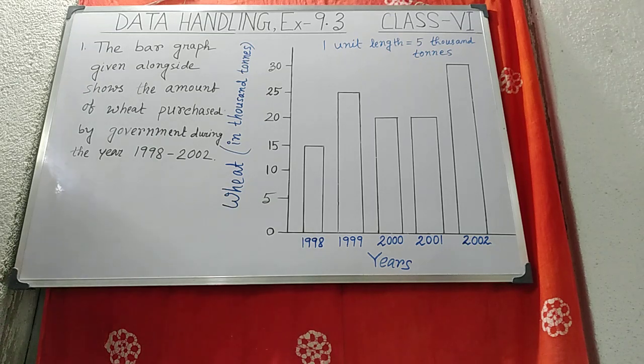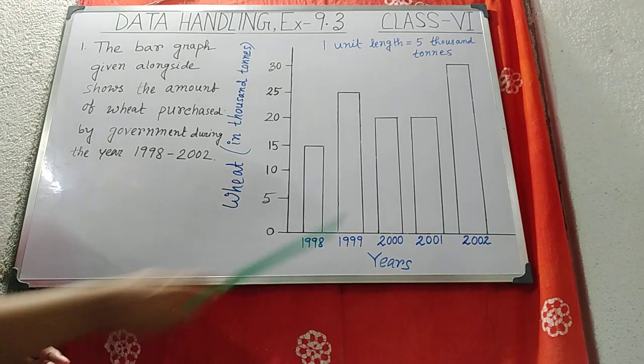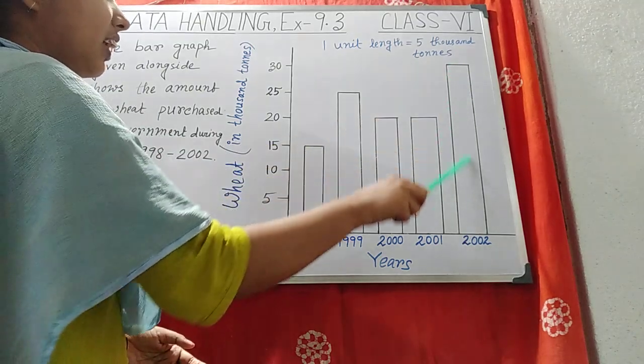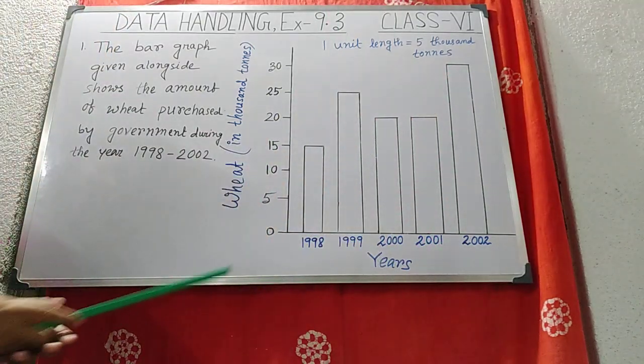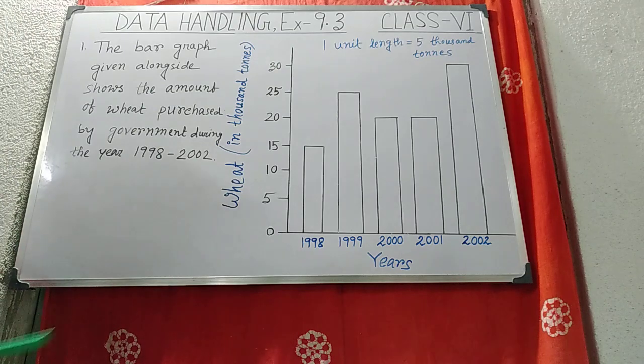So from the bars we can easily understand whose length is longest here. Last one means this one. So which year? 2002. So for answer it will be in 2002.